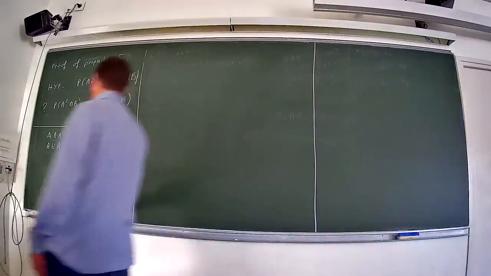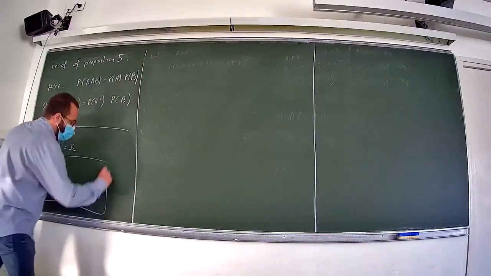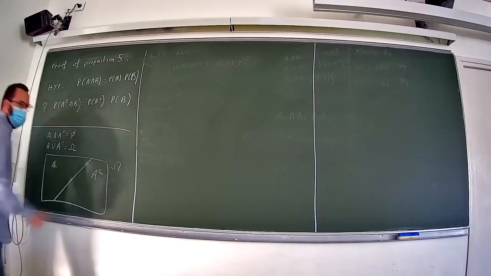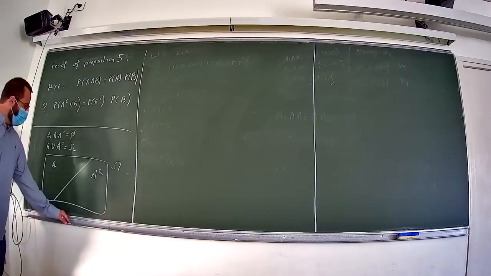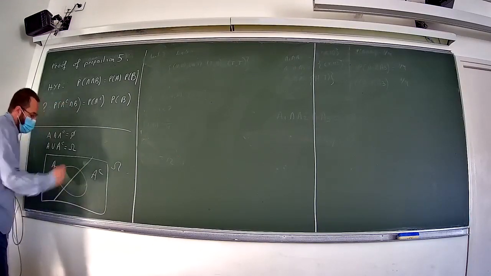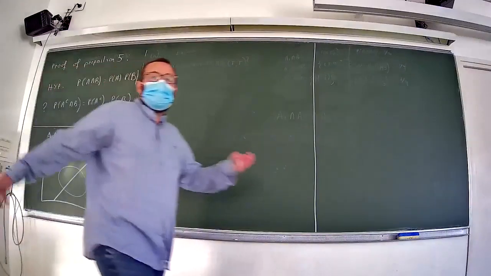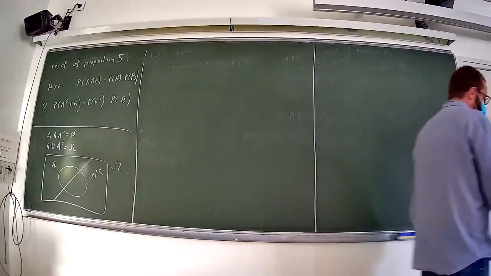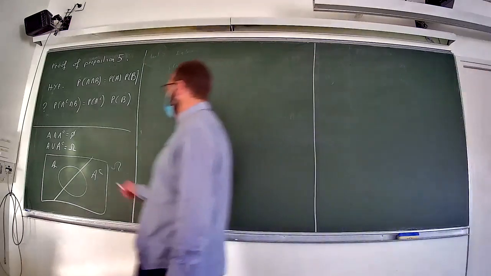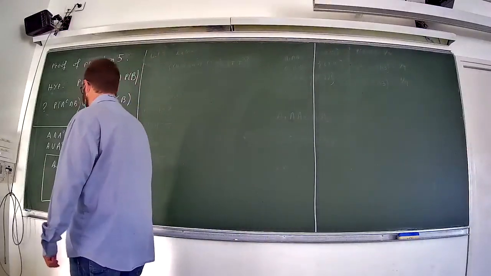So if I do a little picture, you have omega here, and for example, I cut it in two parts. And I have my set B here, something like this, let's say. And in fact, what is interesting with the partition, something that we'll use another time today, is that I can decompose my set B by using the elements of my partition.